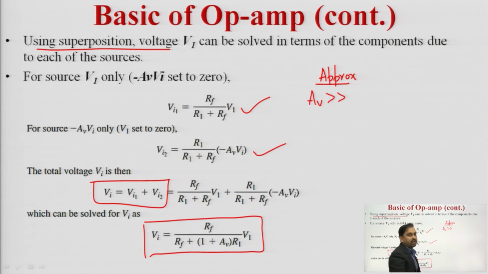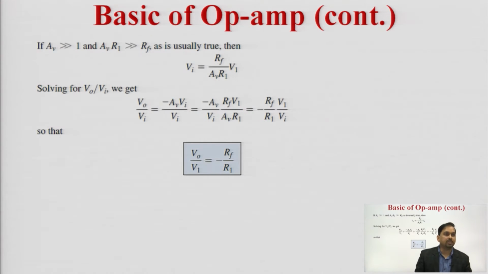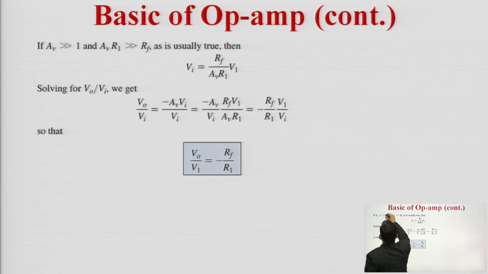If AV is very high, then in comparison with 1 we can neglect the 1. Now for the second term, AV multiplied by R1, if we assume it is a very large quantity in comparison with Rf, then again we can utilize the approximation. So the approximation says that first AV is very high, and after that AV R1 is also high in comparison with Rf.